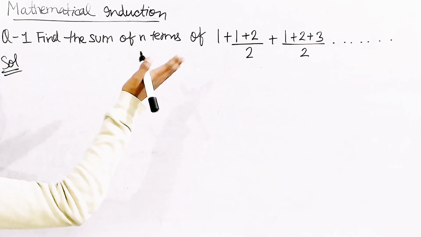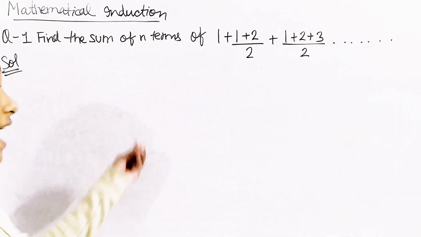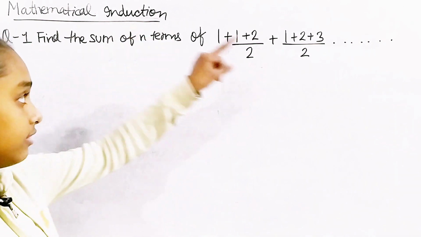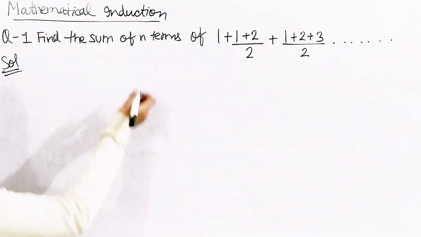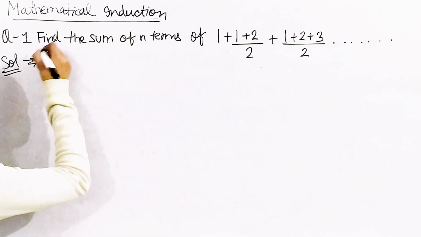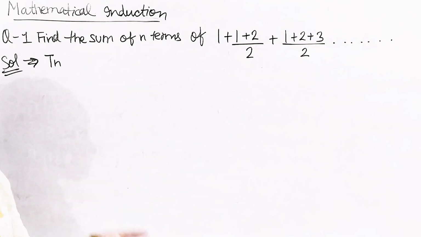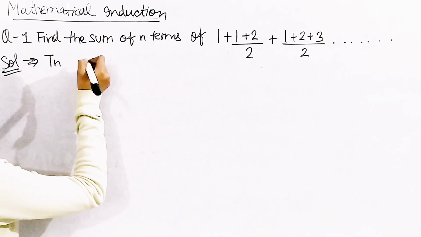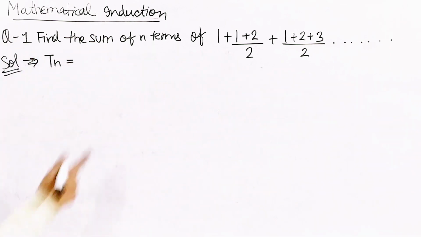We don't know what the number is going to be there, so we're going to put n at the end, okay? So it's going to be Tn. This Tn is mainly for the term n.